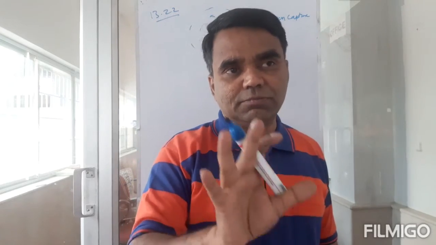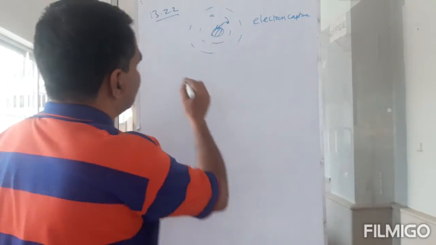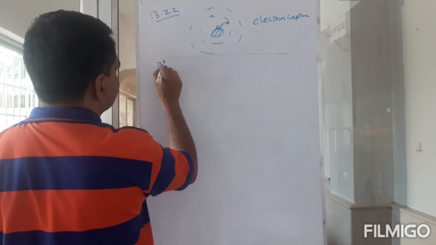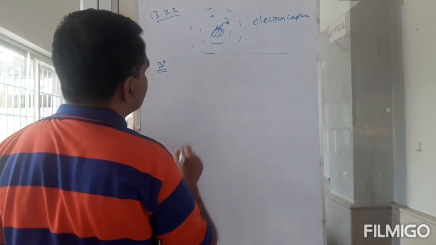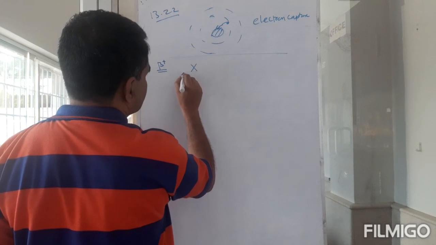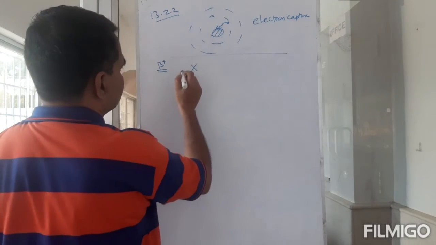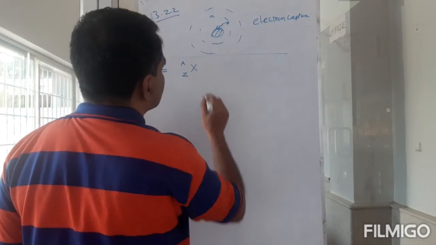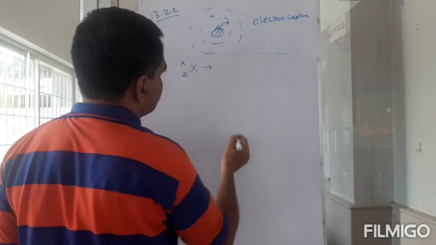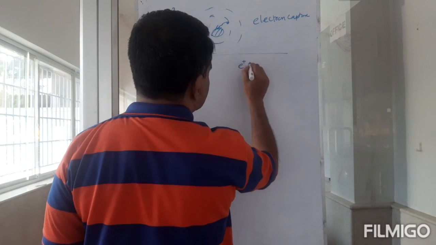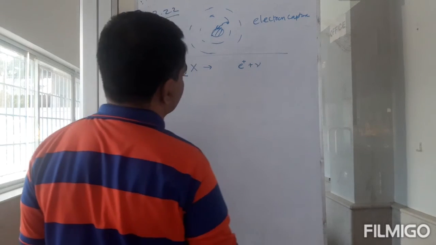Now let's see how things go on from here. First, let me talk about beta positive. In that case, you have an element X that has atomic number Z and mass number A. What happens is that there is a positron emission, so you get e positive along with it a neutrino.